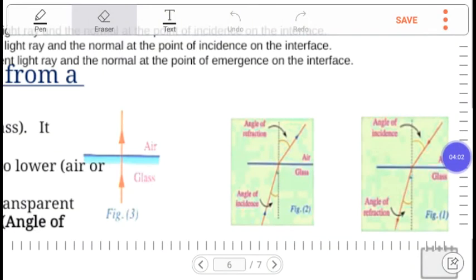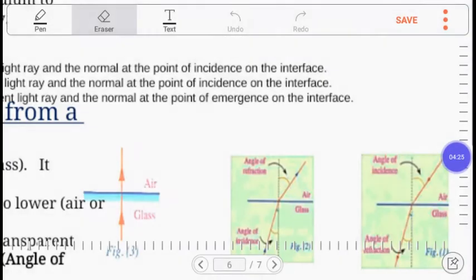In the second case, when the light ray passes from the glass with higher optical density to the air with lower optical density, the refracting light ray will refract far from the normal line.